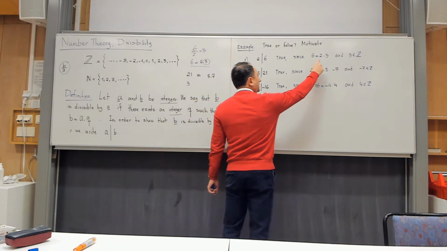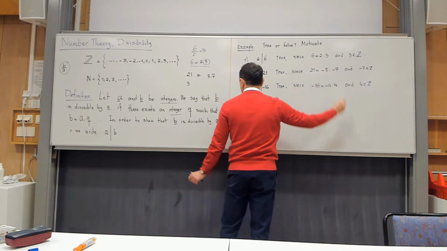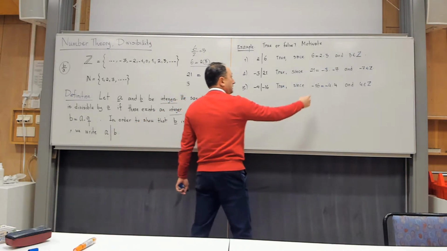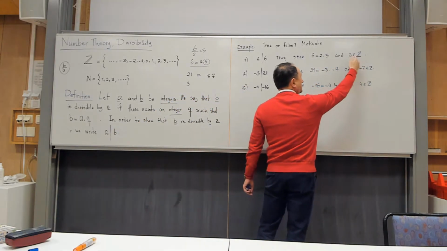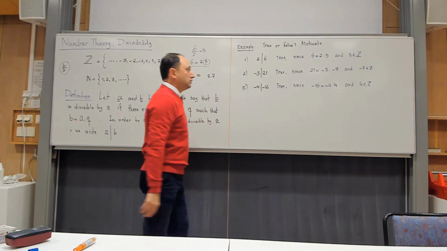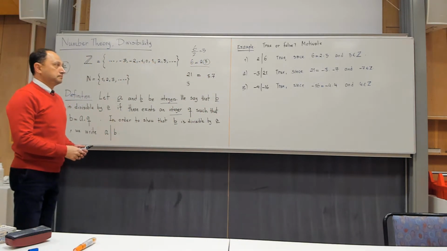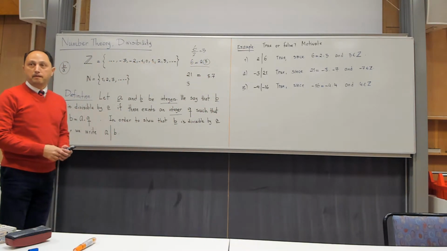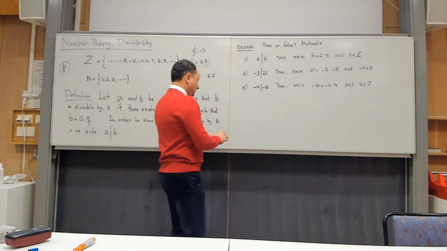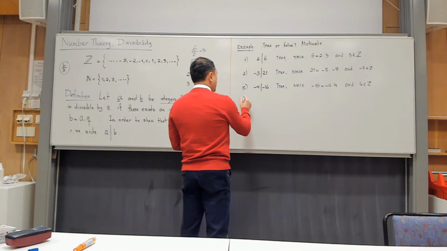The number on the right, close to it, is playing the role of b. And the number that is different from case to case is playing the role of q. Yes?